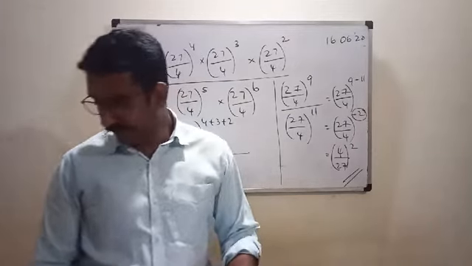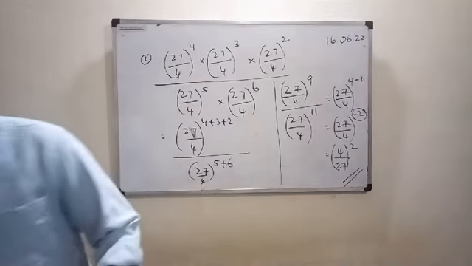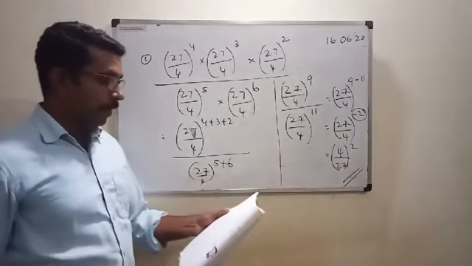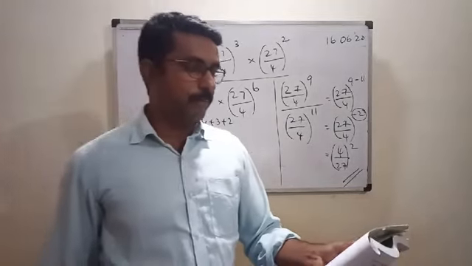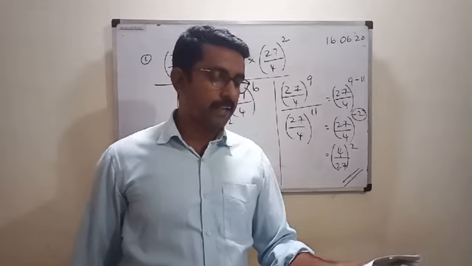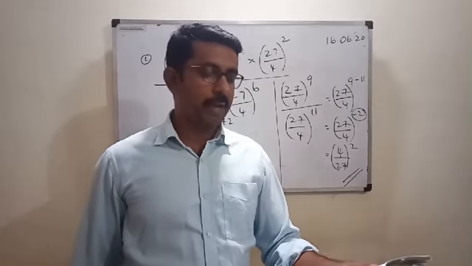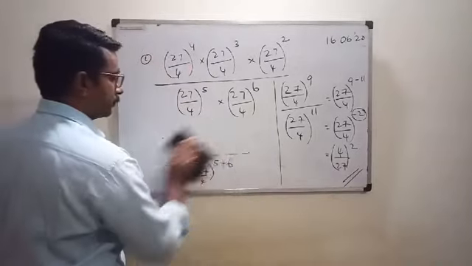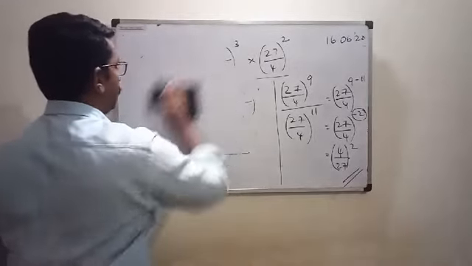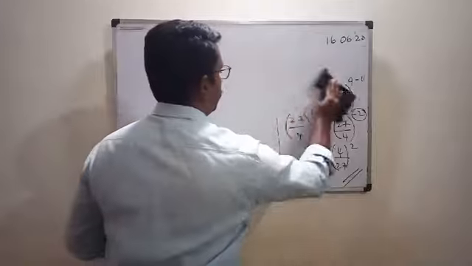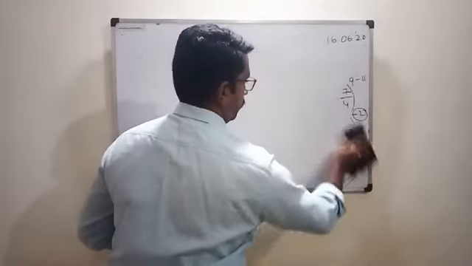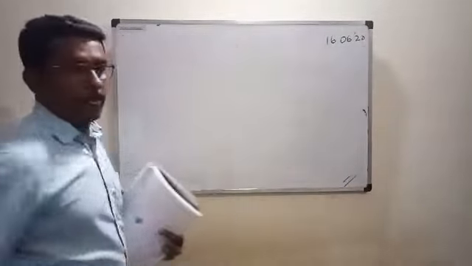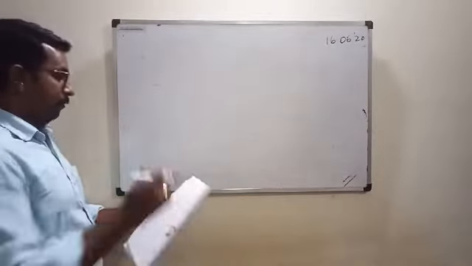Now let us see question number 3. What is question number 3? By what number should minus 5 upon 11 to the power minus 3 be multiplied to get minus 11 upon 5 to the power 6? See question number 3.